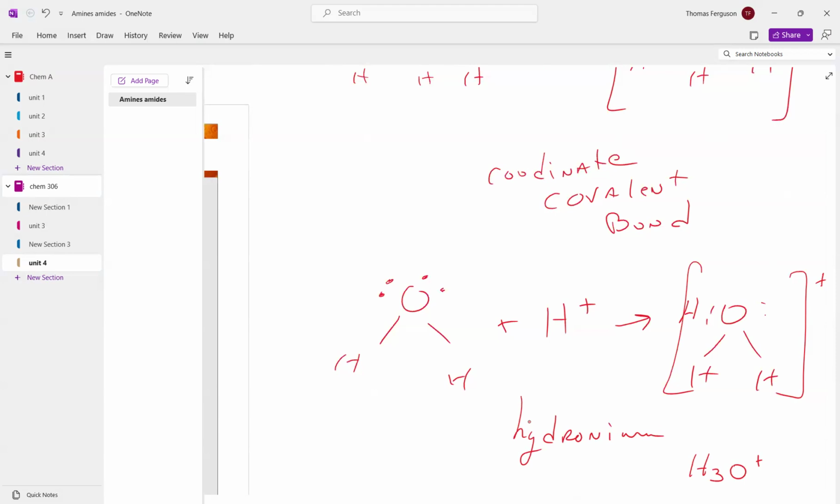That proton forms a coordinate covalent bond with one of the lone pairs on the oxygen. However, it doesn't do it twice, it only does it once. And that's much more stable than a plain old H. Much more stable. So that's why it happens.